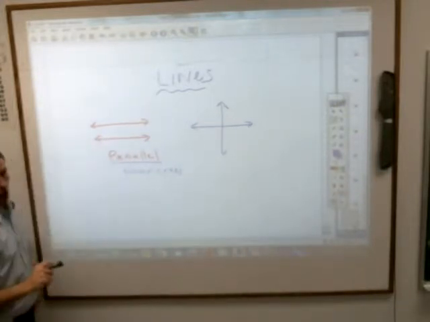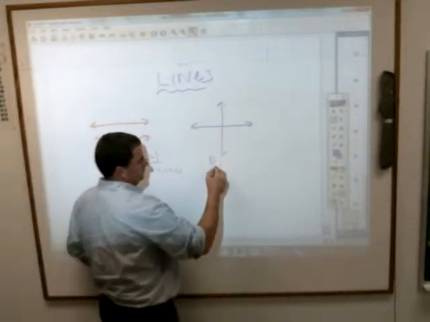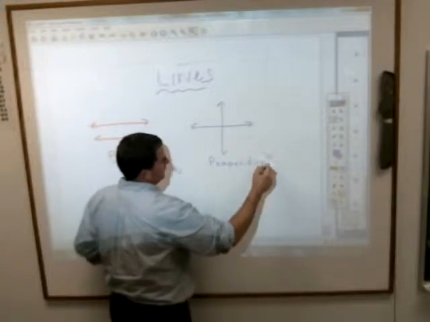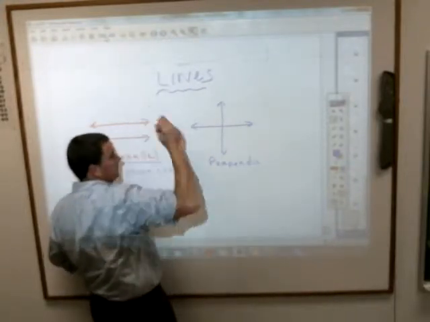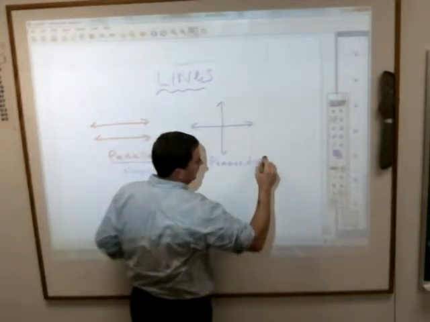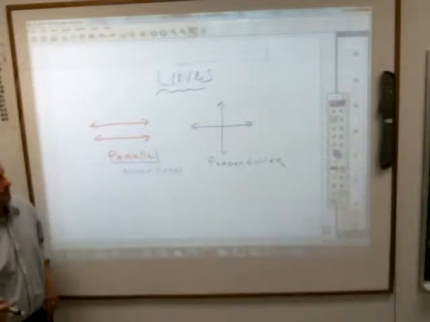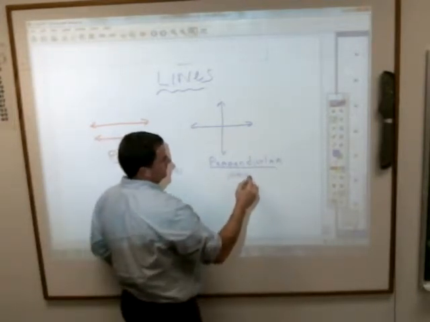Perpendicular lines do what? Grace? They intersect. Yes, they do, but they're a special type of intersecting lines. Perpendicular. What type of intersecting lines, Jacob? They make right angles. They intersect at right angles.